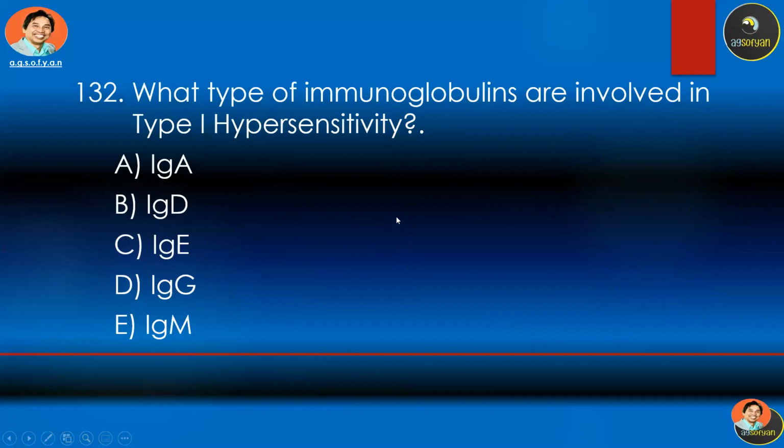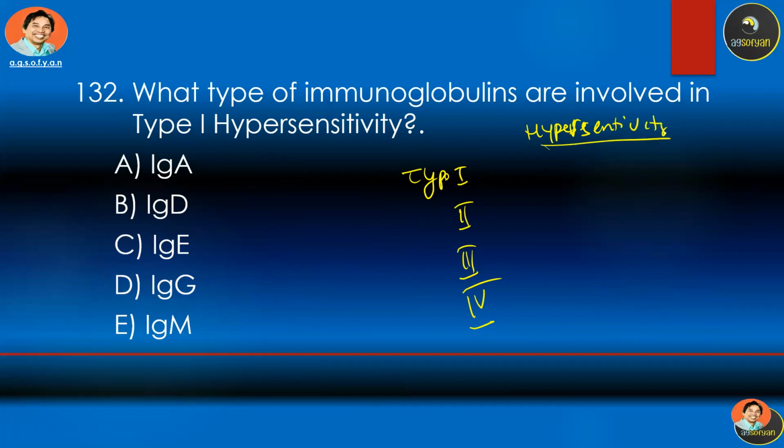What type of immunoglobulins are involved in type 1 hypersensitivity? Okay, remember type 1, type 2, type 3, and type 4 hypersensitivity. Now for type 1, type 2, and type 3, all of them are caused by the antibodies, by the Ig that is really overreactive.